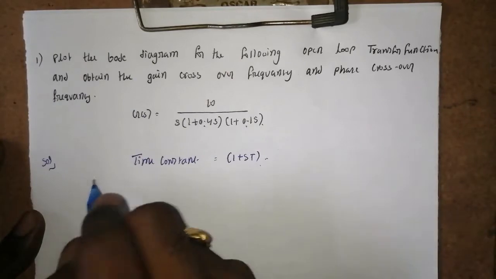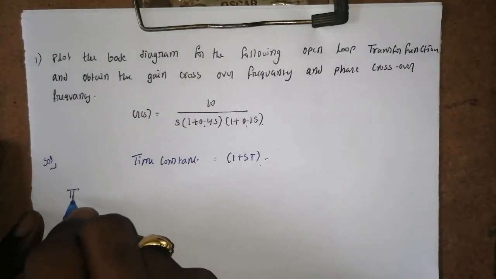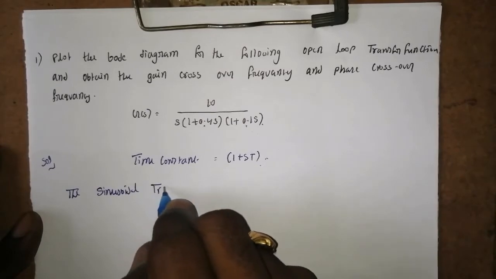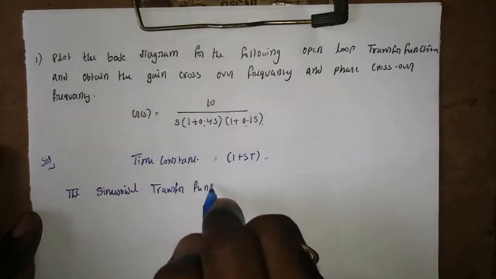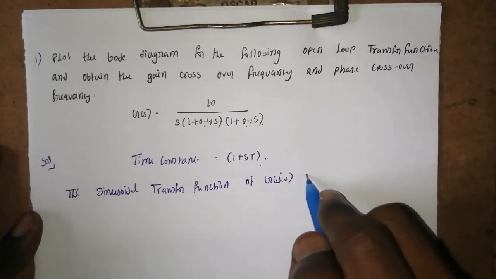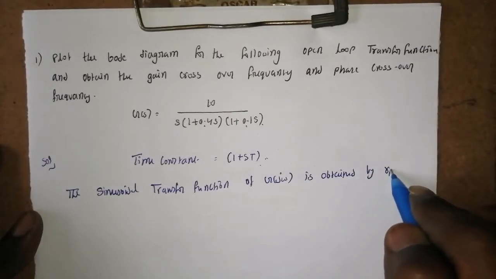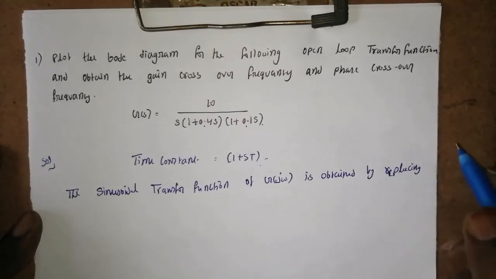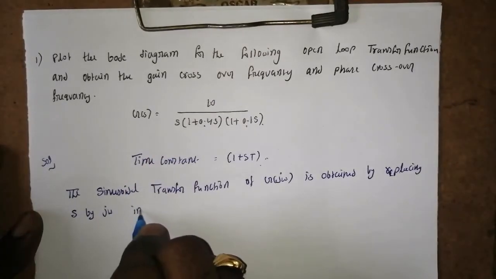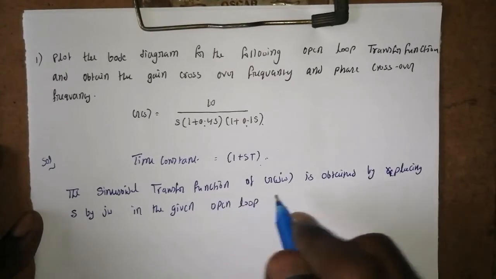After that we have to convert this transfer function into the sinusoidal transfer function. The sinusoidal transfer function G of j omega is obtained by replacing s by j omega in the given open loop transfer function.